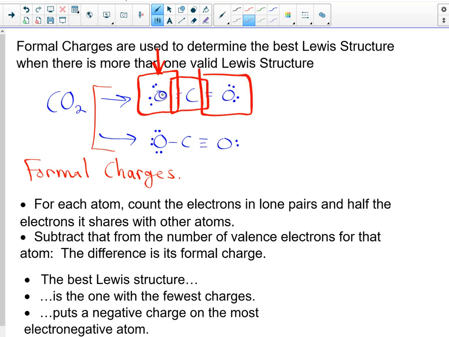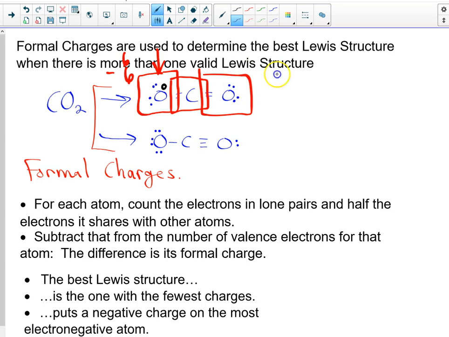So I have 4 plus 2, which is 6. All right? And I subtract that from the number of valence electrons for that atom. So oxygen's in family 6, so it has 6, right? So 6 minus 6 is just a 0. I'm going to put a little 0 right there. You okay with that? All right?